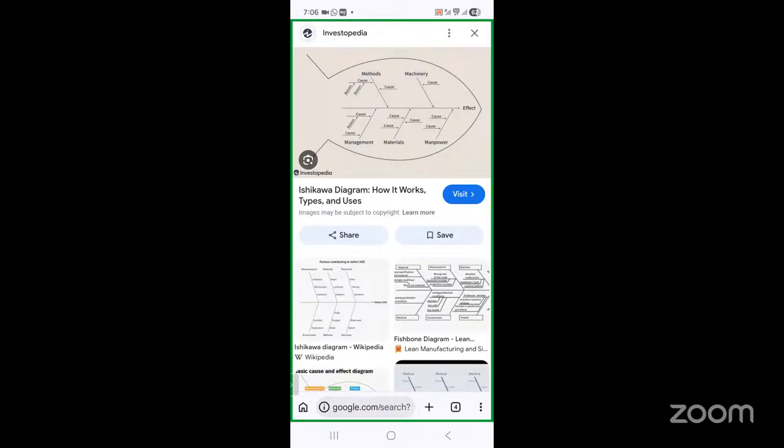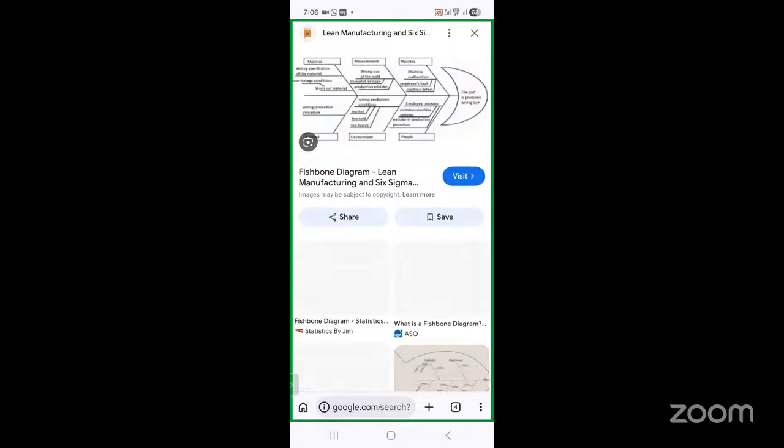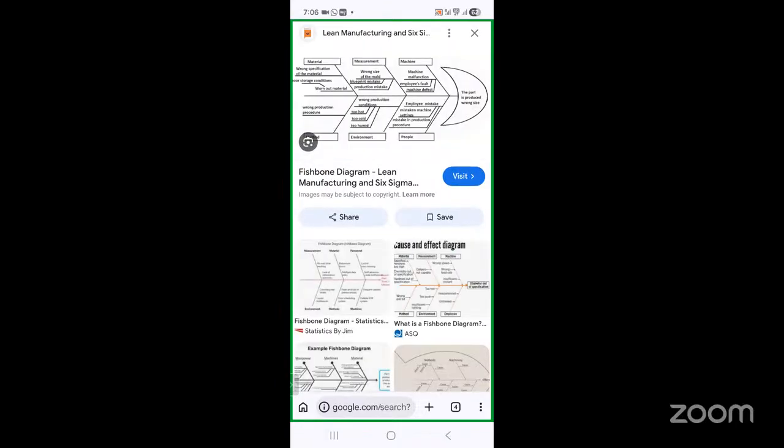Here I am showing another fishbone diagram that will be very clear to you. For example, in case of the material: wrong specification of the material, poor storage condition, worn out material. So this is one approach. The broad areas are the 5 things.